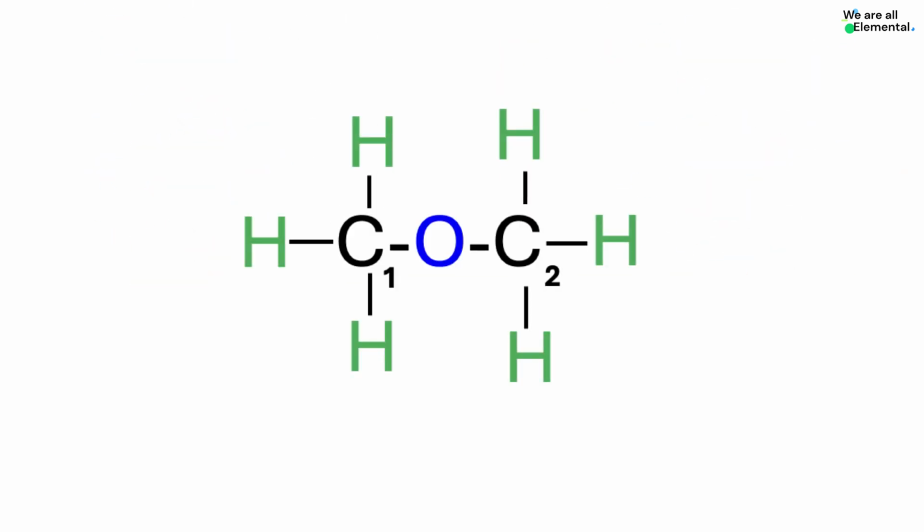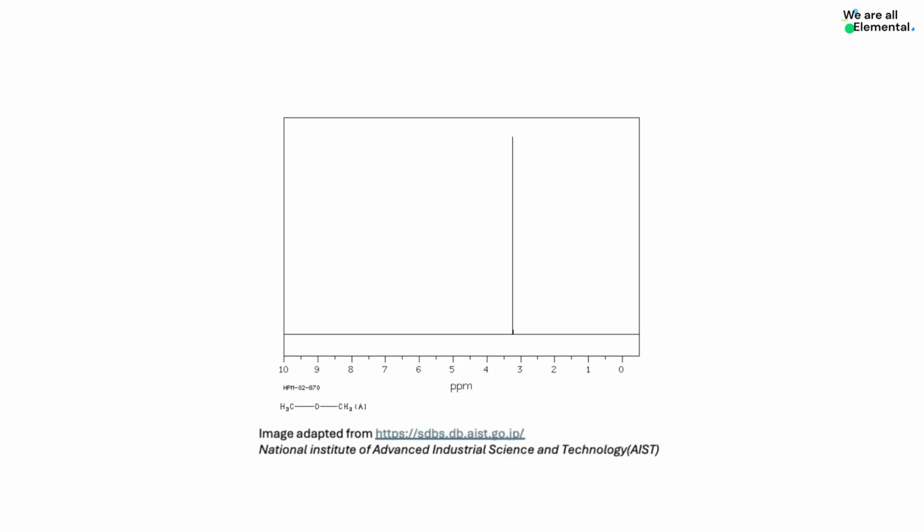In other words, the 6 protons on this molecule have exactly the same chemical environment, so you should expect just one signal in the spectrum. And here's the HNMR spectrum of methoxymethane with just one signal.